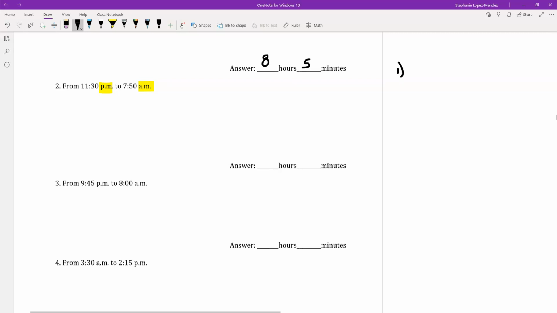So what happened first in this case was 11:30 p.m. What happened later was the 7:50 a.m. Okay. Again, since we have an a.m. and a p.m., we already know that we need to add 12 hours to our later time. That means that I need to add 12 hours to 7:50.